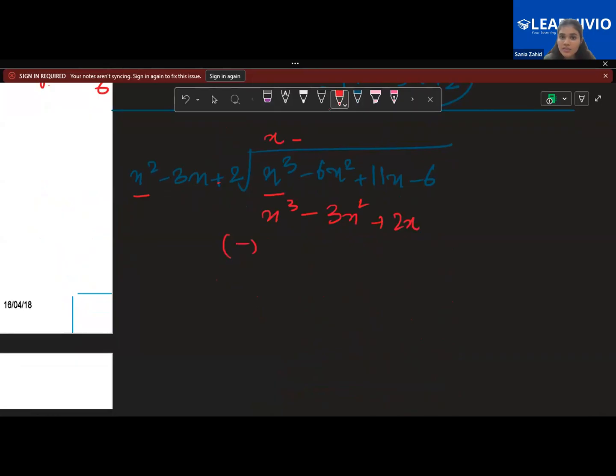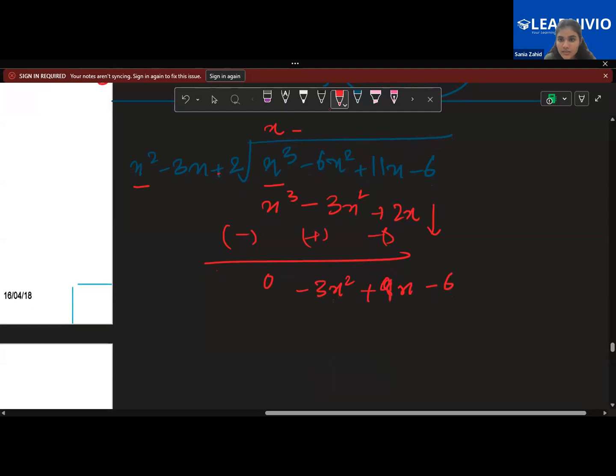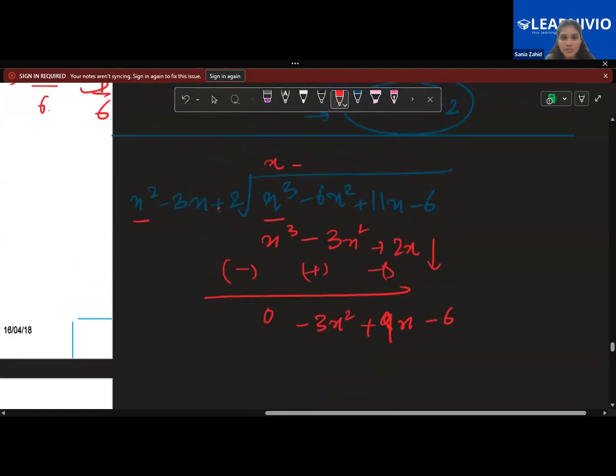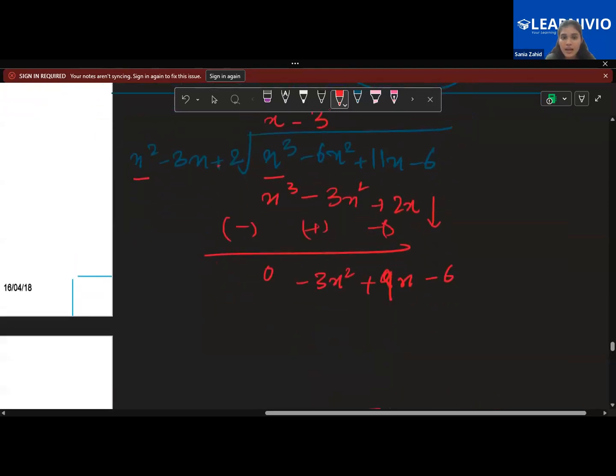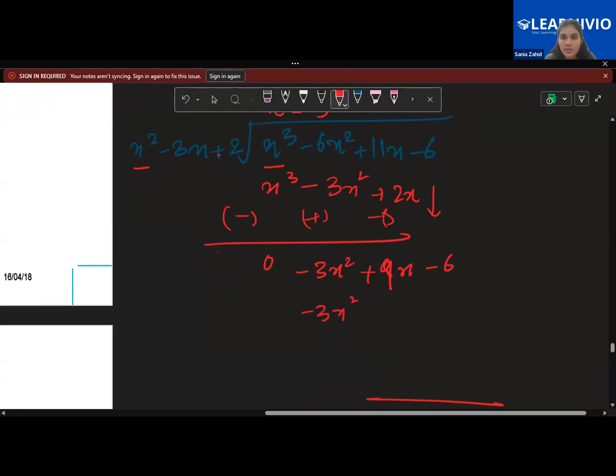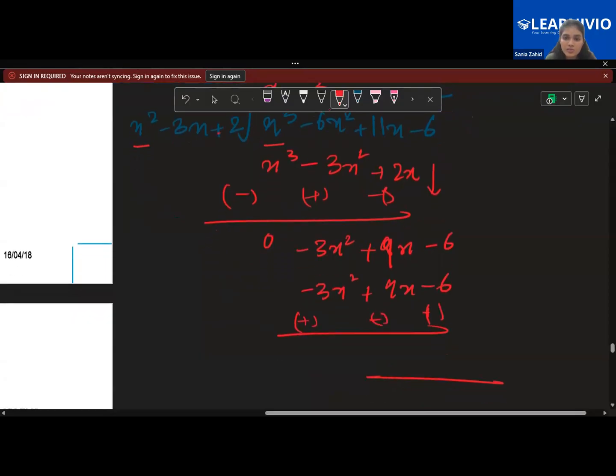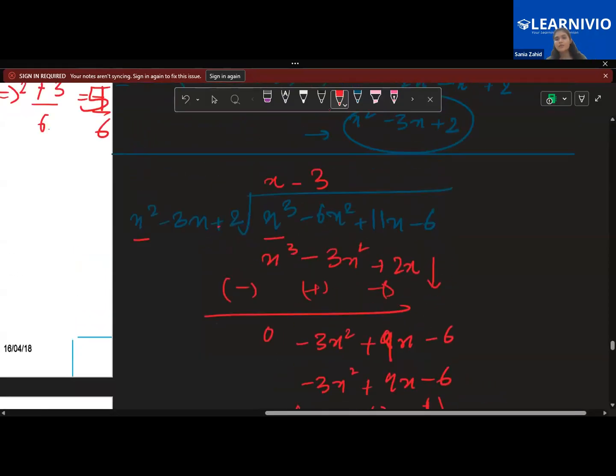Minus plus minus, so you get 0. You get minus 3x square and plus 8x and then minus 6, carry 9x. Now you write minus 3 over here and you get minus 3x square plus 9x minus 6, and then you reverse the sign. You get 0. Now it's correct.